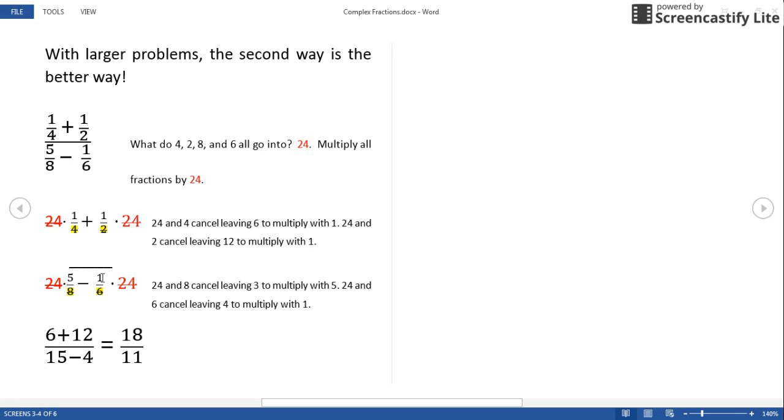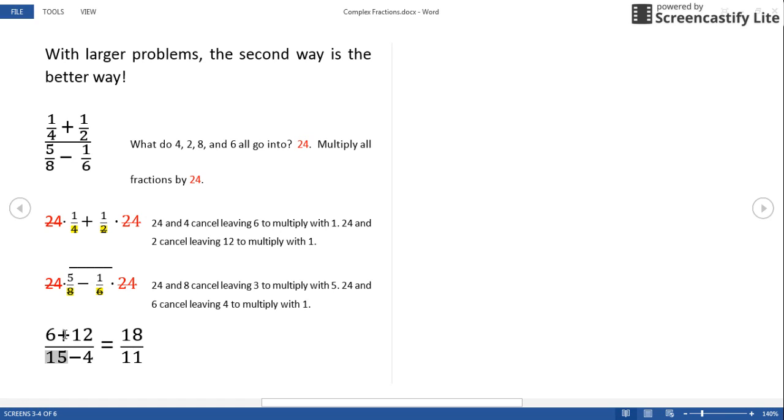So now what that ultimately means, 4 into 24 went 6 times, 6 times 1 gives us the 6 that is here. 2 goes into 24 12 times, 12 times 1 is 12, giving me the 12 that is there. 8 goes into 24 3 times, 3 times 5 is 15, and 6 goes into 24 4 times, 4 times -1 gives us this -4 that is here.